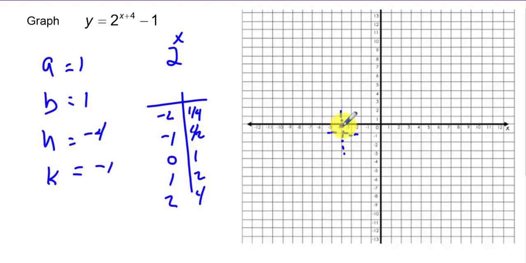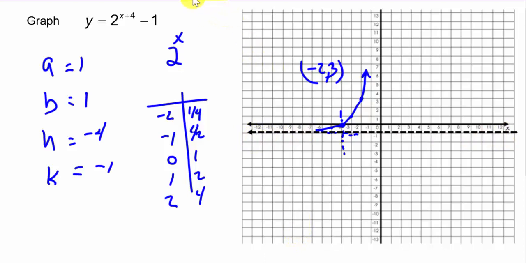So here's my 1, my 2, my 4, my half, my quarter. Goes something like this. Looks like I have the point -2, 3. So I'll check that in just a second. So I know that horizontal asymptote is going to be right here now.